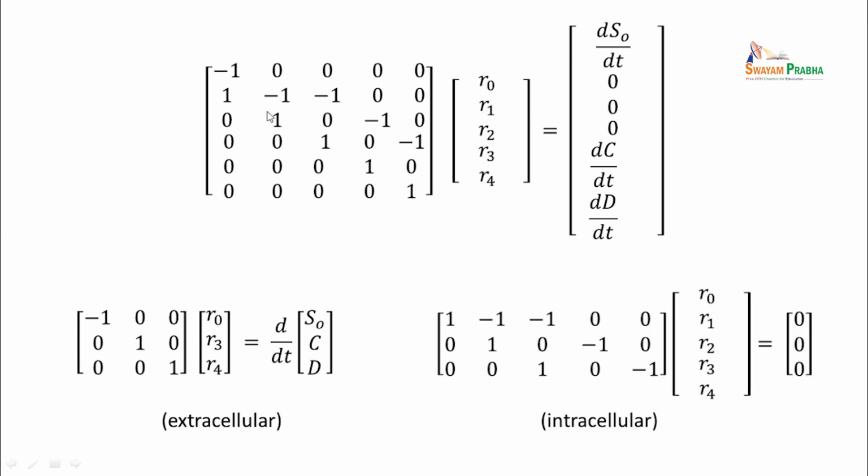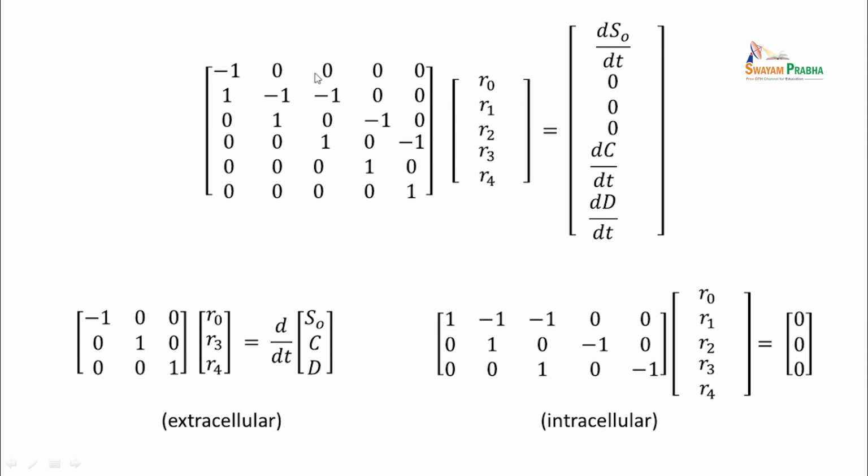The extracellular part is this: -1 0 0, 0 1 0 and 0 0 1, corresponding to R0, R3 and R4, and they correspond on this side to d/dt of S0, C and D, whereas intracellular, which corresponds to A, B and C, which are actually 0 here, can be taken from the ABC part of the stoichiometric matrix.